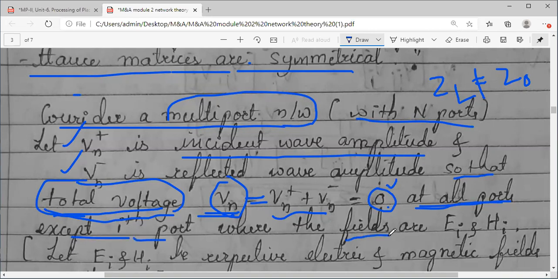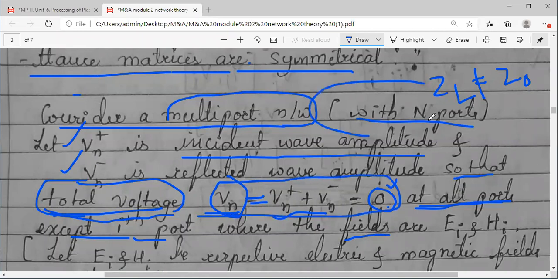We have to consider the fields because we are now working at higher, microwave frequency networks, wherein we are not simply taking the variables as V and I. We have to consider the electromagnetic waves, incident and reflected waves. They will have their own fields while propagating. That's why I take Vn equal to 0 for the rest.